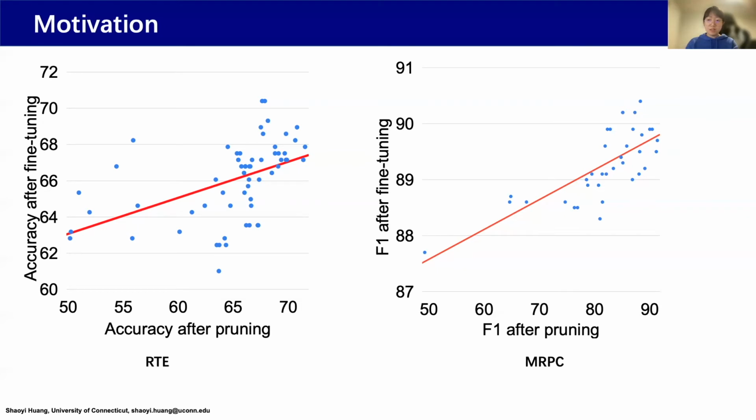The red line in each subplot is the auto-fitting trend line. The positive slope of the trend line in the figures indicates a linear mapping relation between the performance of pruning without fine-tuning and the performance of pruning with fine-tuning.